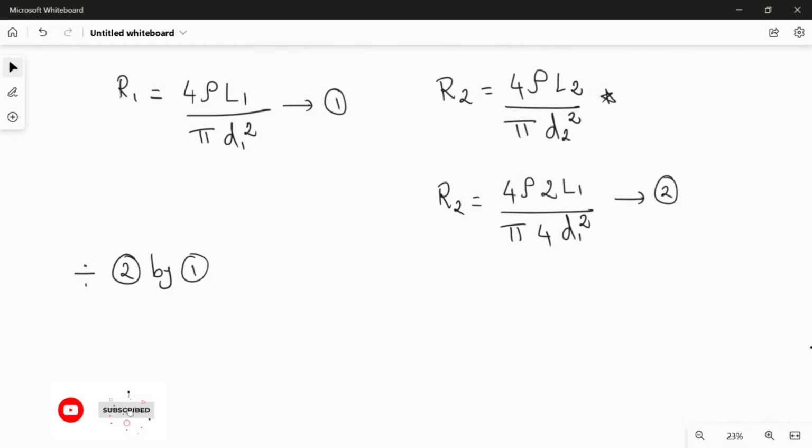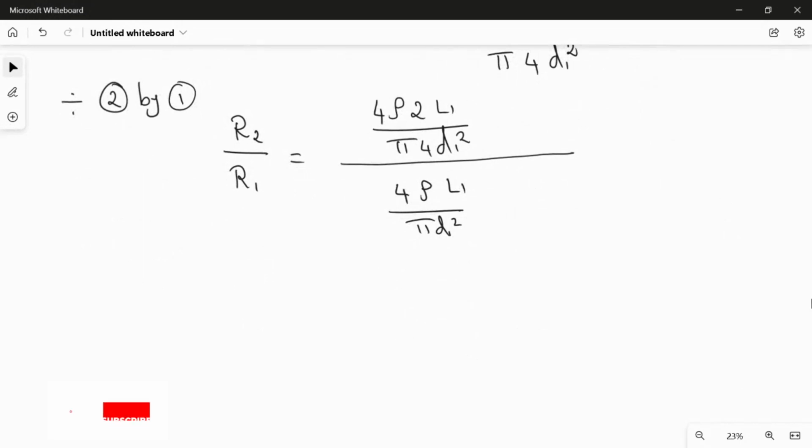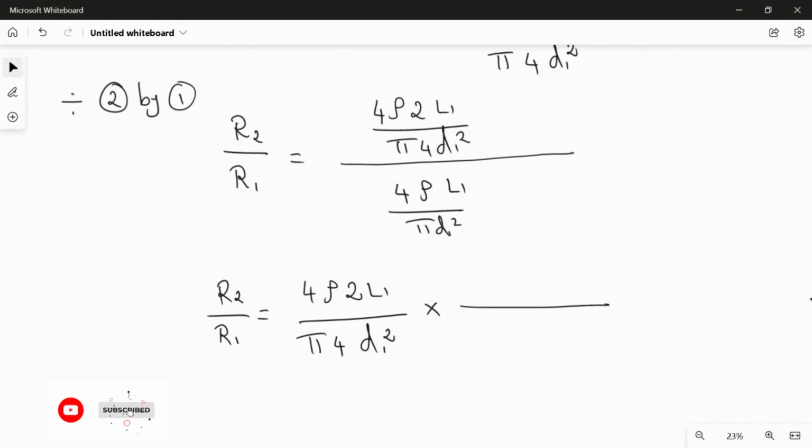On the left-hand side, R2 over R1 is equal to 4 rho 2 L1 over pi 4 d1 squared, divided by 4 rho L1 over pi d1 squared. Writing this in multiplication form, R2 over R1 is equal to 4 rho 2 L1 over pi 4 d1 squared, multiplied by pi d1 squared over 4 rho L1.